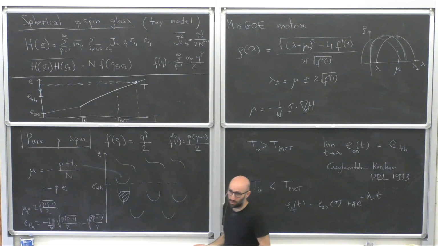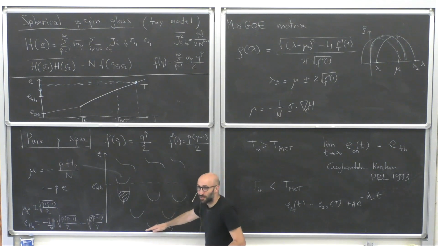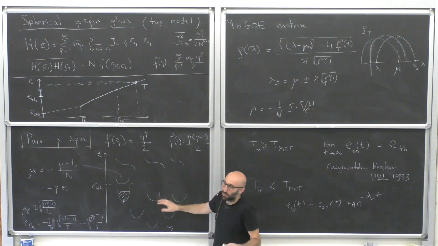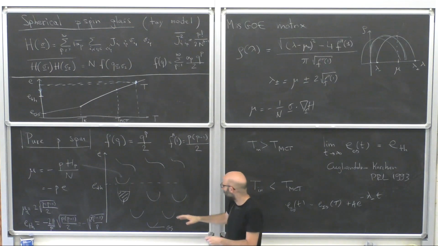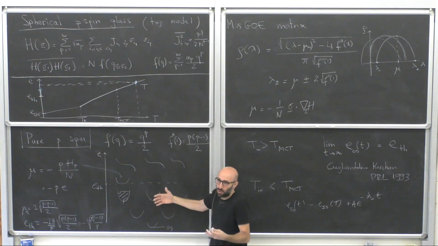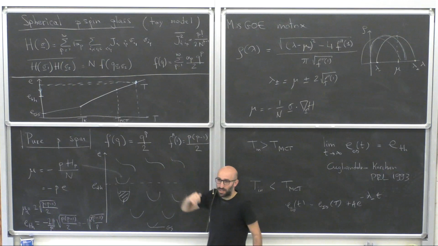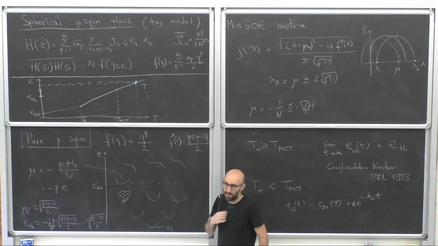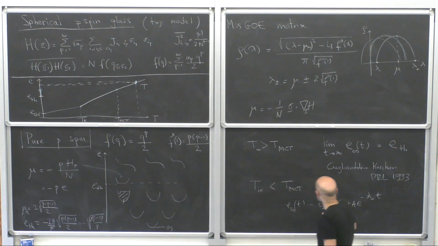And you are not going to the ground state because the ground state is here, but above it there are all these minima that are the zero temperature version of the exponential number of metastable states that I described before that block your dynamics. And so your dynamics stops at a much higher energy.